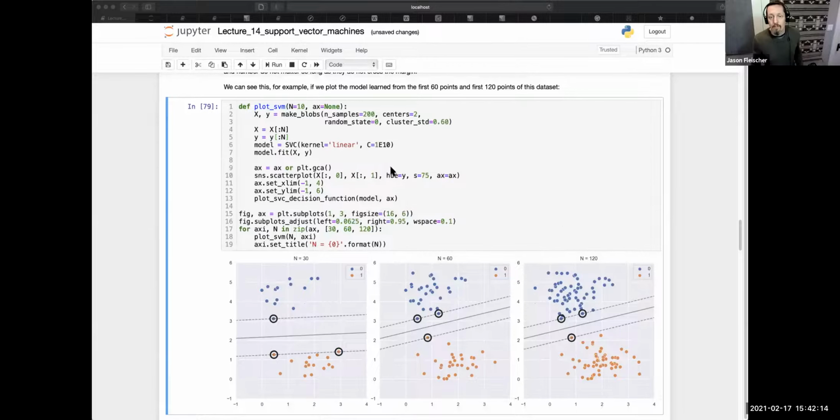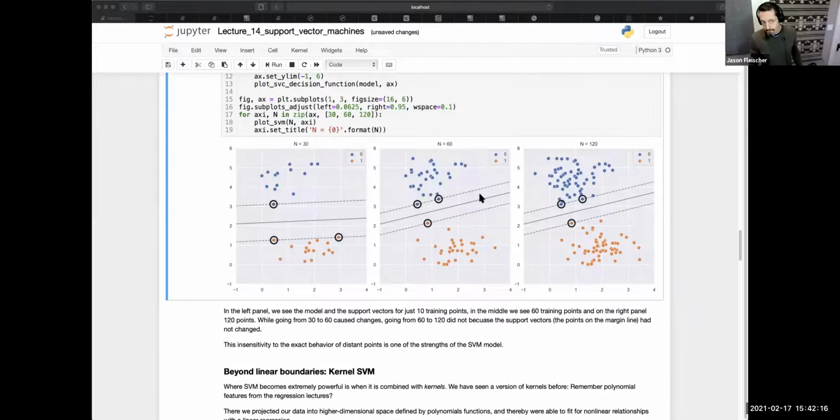Right. So here we only had 30 out of 200 data points, and we got a kind of off-kilter solution. But as soon as we got to 60 of the 200 data points, we were getting the right support vectors, the same ones that are the actual support vectors for the entire training data set. So as long as we get the right data points in a resample, we're going to get the right solution.